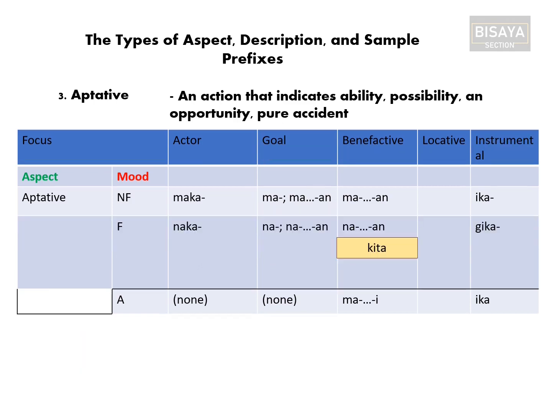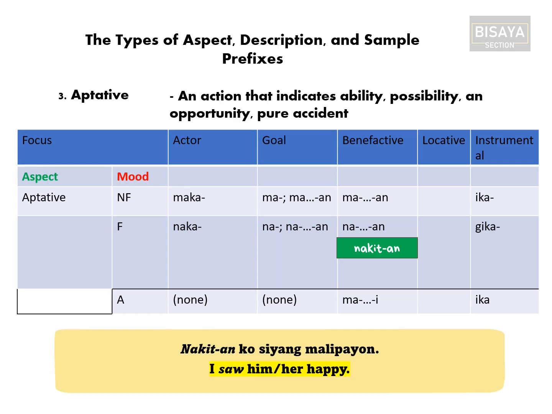Another example where kita is also used is in the ablative but benefactive conjugation. Na plus kita plus an equals, this part, na plus kita plus an, it will be nakitaan. Sample sentence is, nakitaan ko siyang lipayon. I saw him or her happy.